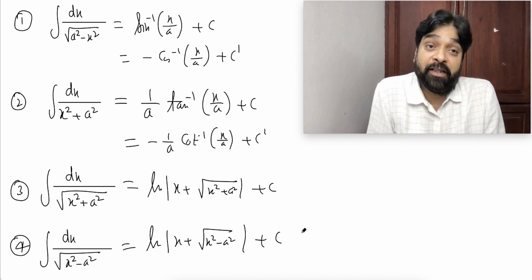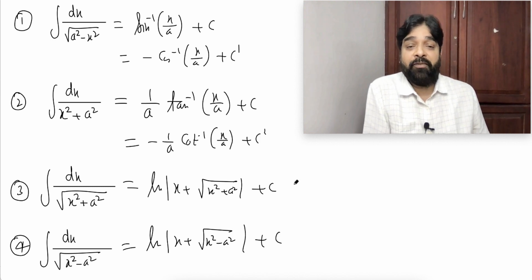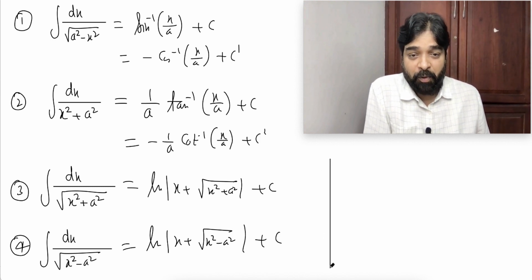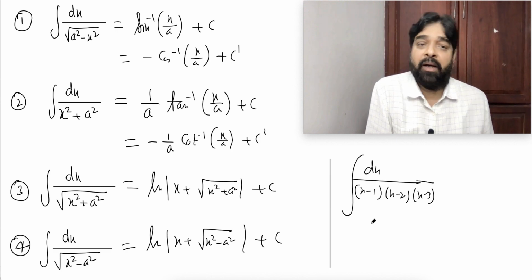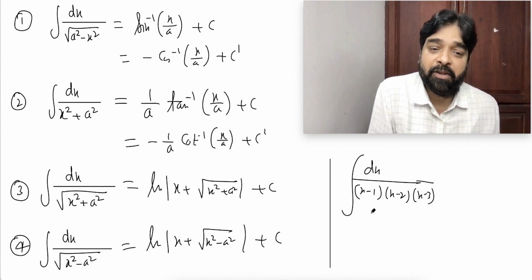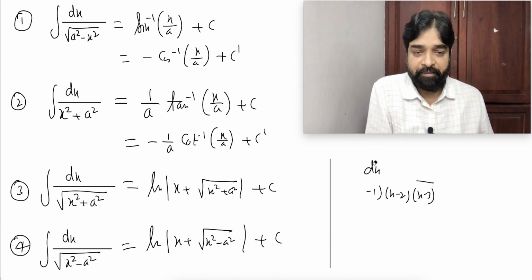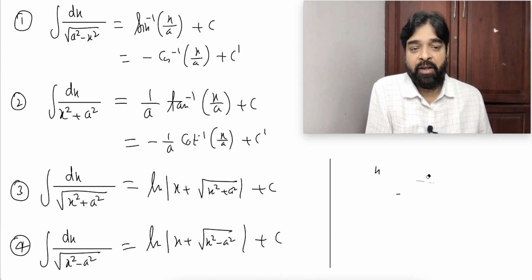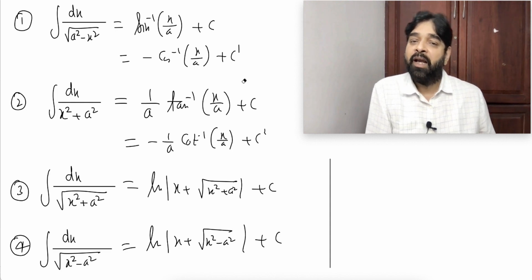Why is partial fraction needed? Because suppose a question comes to do this integration. This kind of integration can be solved only by using partial fraction, and believe me, that's very easy. We will do partial fraction in the next class, and after that we will do integration by parts.